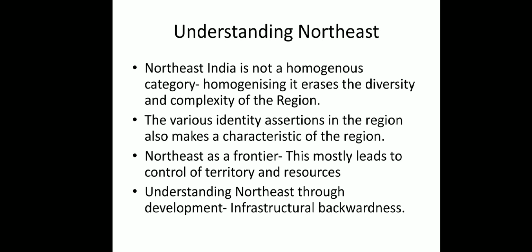Now in all, we understand that northeast is a very, very complex region, a very complex population to understand. There are a lot of complexities, a lot of hierarchies, a lot of differences. It's diverse. So how does displacement, then development induced displacement, affect this population?